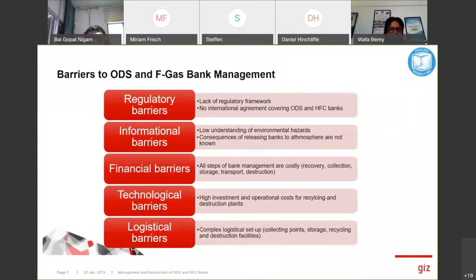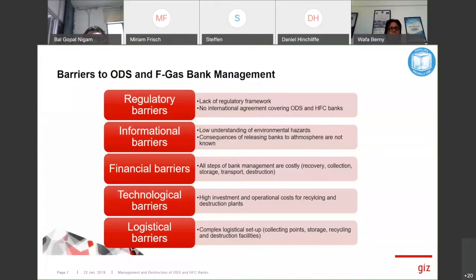Now we saw that there are a lot of emissions caused by this inappropriate waste management, and one could ask why the emissions have been approximately the same for the past 30 years and have not been reduced, and why are the emissions continuing? On this slide we can see the main barriers to appropriate waste management, and one important one is regulatory.